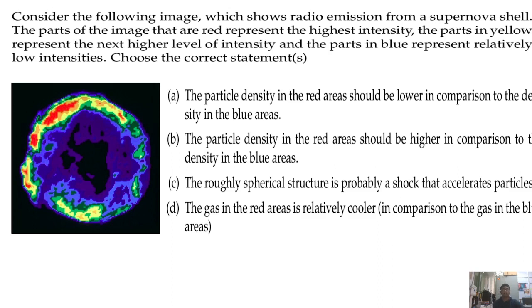Second one, the particle density in the red areas should be higher in comparison to the density in the blue areas, which is correct, because if the particle density is higher somewhere, it will create more synchrotron radiation, that means more radio emission, and that leads to these reddish signatures in the radio map. So B is correct.